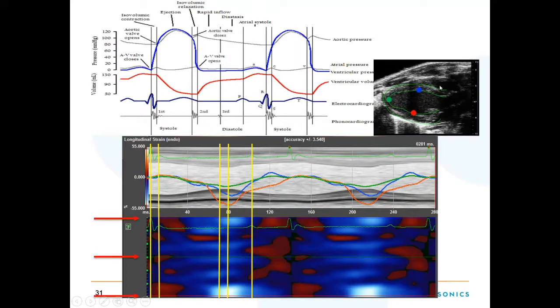If I bring up this map of where our points are again, this blue line is the anterior wall, the green line is the apex, and the red dot here is the posterior wall. So what we see is the basal segments on the anterior and posterior are relatively similar, but they differ from what the apex looks like at certain time points.